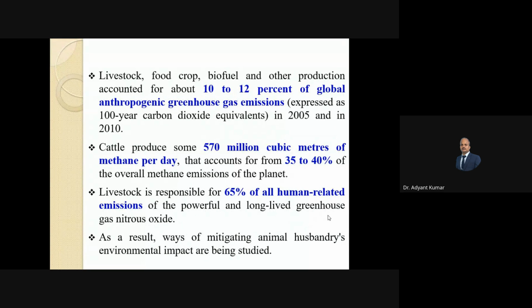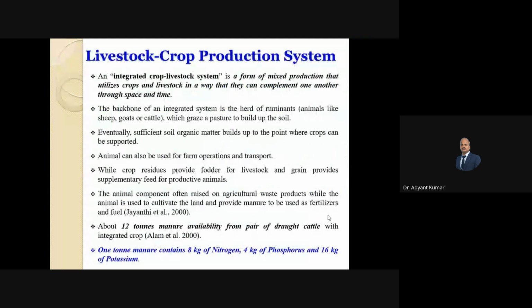Livestock is also responsible for 65% of the human-related emissions of the powerful and long-lived greenhouse gas nitrous oxide. Thus, we have to mitigate this environmental impact through the animal husbandry process, which we are now going to discuss.